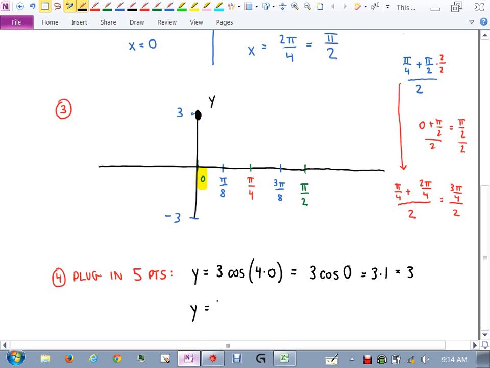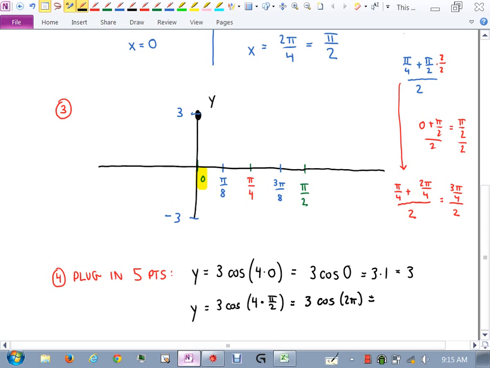If I plug in pi over 2, look how this works. Here's 4, here's pi over 2 next to it. When I multiply 4 times pi over 2, this 4 goes across the top, and it's really like 4 pi over 2. What's 4 pi divided by 2? 2 pi.